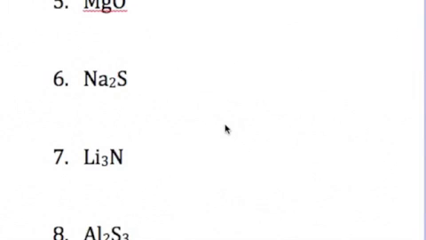To write names for ionic compounds, and these are just basic compounds without polyatomic ions or transition metals, the first thing is the positive ion, and remember, the positive ion is always written first. It's written just like it's spelled on the periodic table.